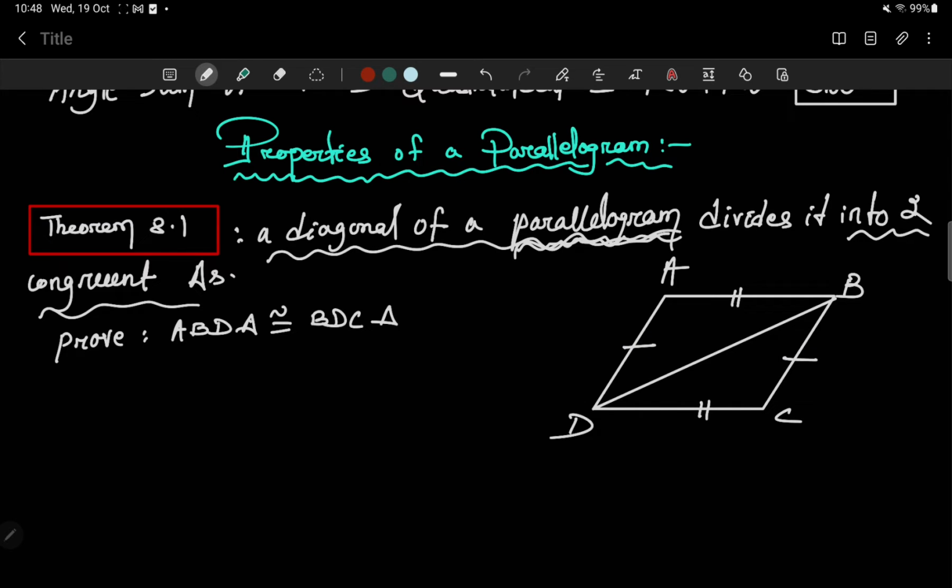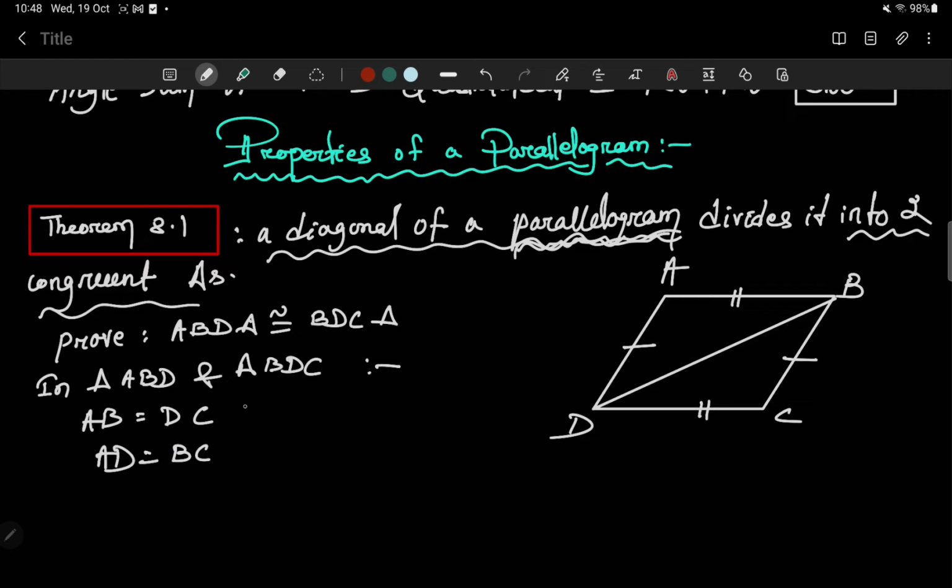Opposite sides are the same, and the diagonal is a common side. So in triangle ABD and triangle BDC, AB equals DC and AD equals BC.